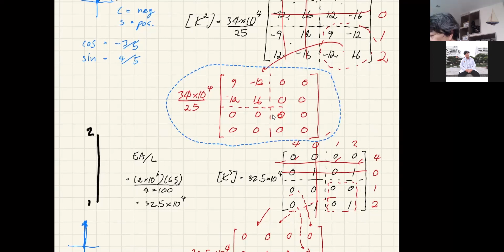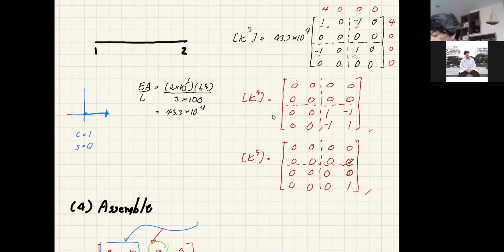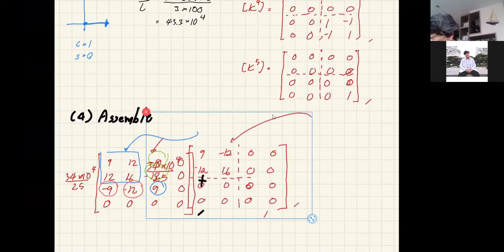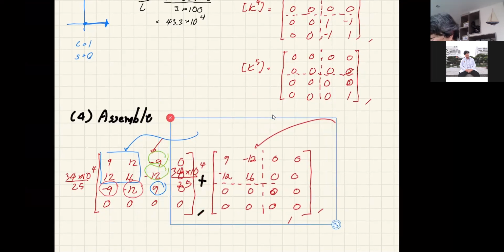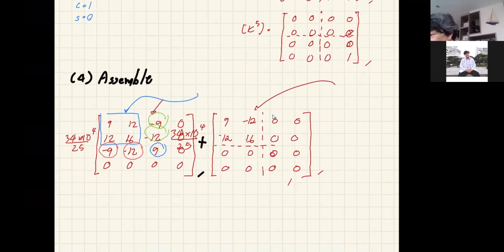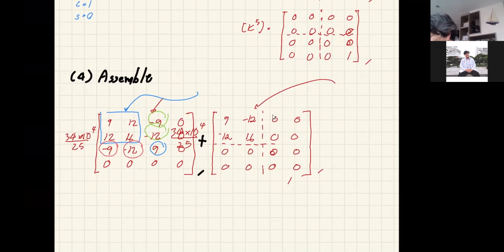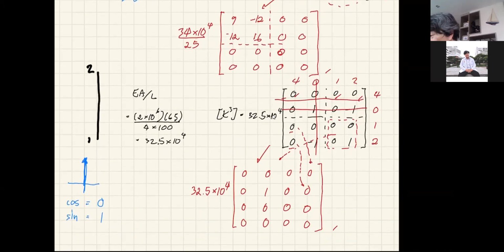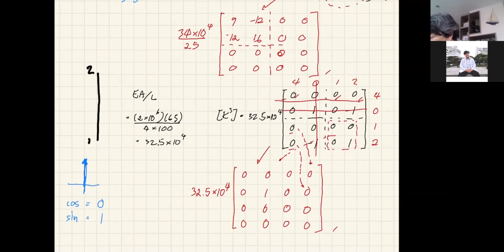Oops, okay. Copy. And then paste. Okay, that's number 2. And then we can add the 3rd one. That means I'm going back up here and fetch this one.